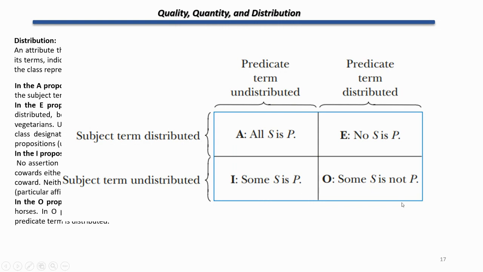And the last one, the O term: subject is undistributed and predicate is distributed. So that is the summarization of this distribution thing.